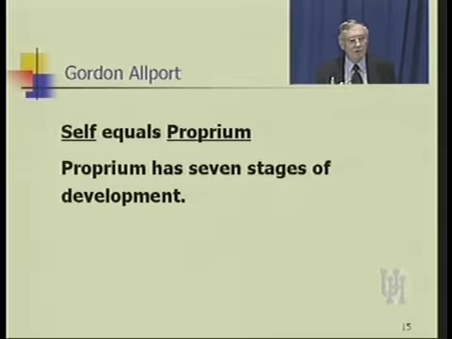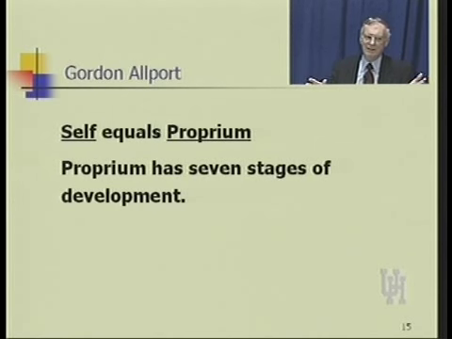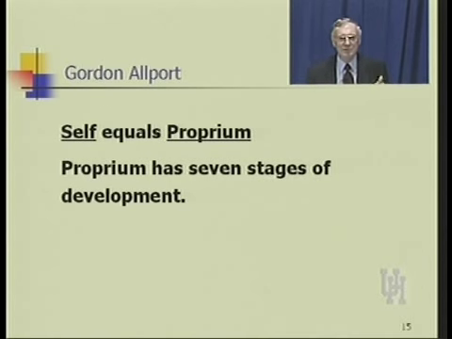Now, you'll note that what Allport does is he substitutes a term. I love personality theorists like this. You know, they can never go with the language that we tend to understand, so they come up with new terms. He comes up with proprium, a word you use every day. And proprium means self. Even he says it means self.